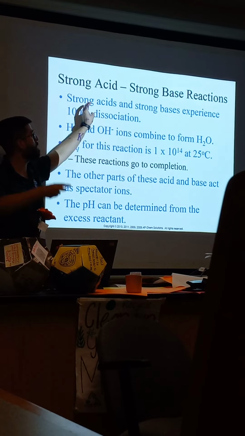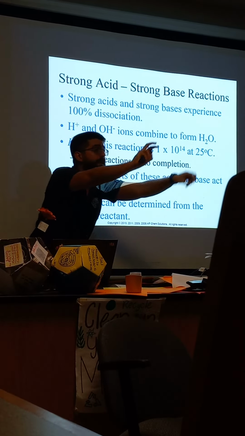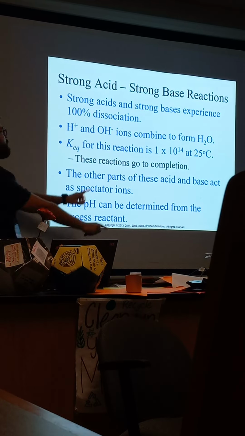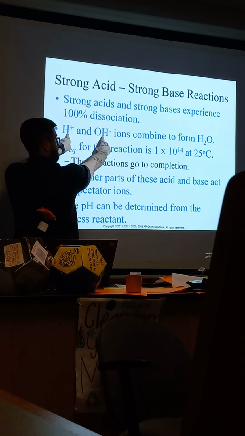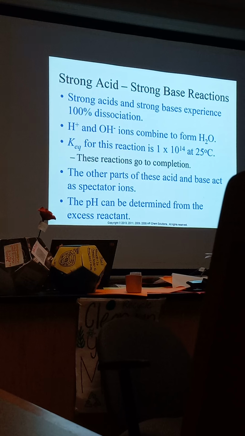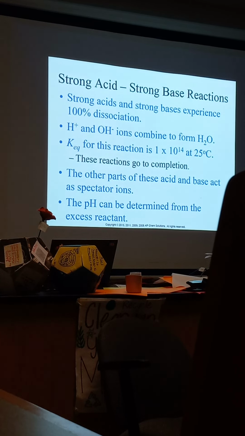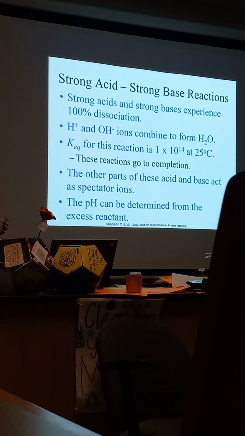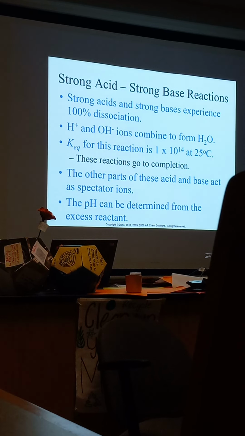And so when you mix the strong acid and strong base, what are we actually putting together? H and OH. And when those come together, they form water, H2O. And so the K equilibrium for this reaction is 1 times 10 to the 14. Oh my gosh, it's the same thing as Kw, remember?